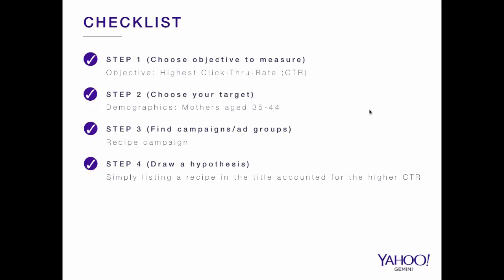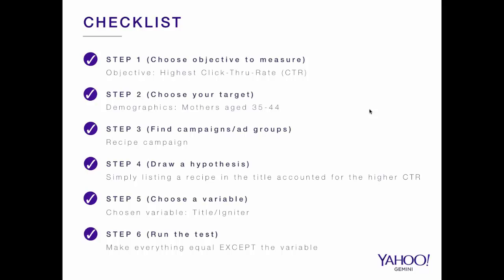And we'll talk about how to incorporate our learnings into the virtuous cycle when we get to the post-test results. And then step 5, we chose the actual variable. So based on our hypothesis, we chose the variable, the title / igniter to test. And as I mentioned, we made sure everything was equal except the variable.